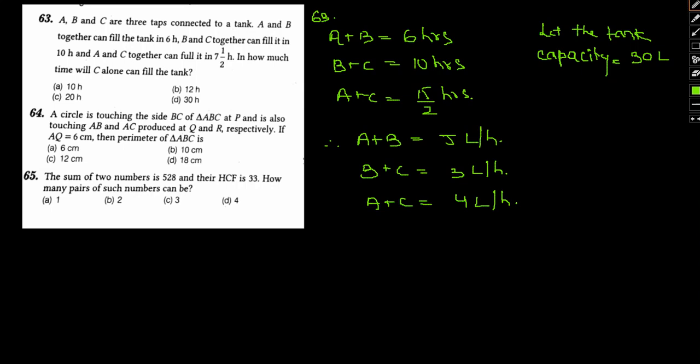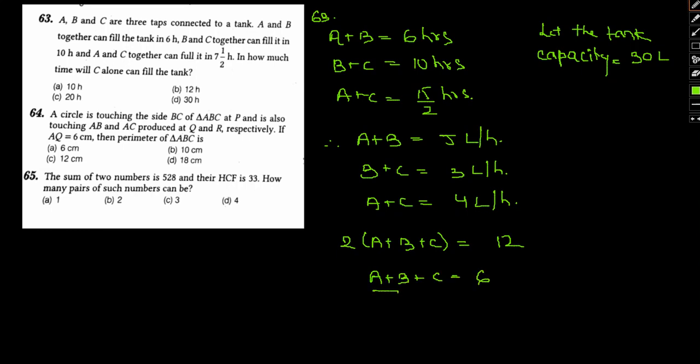Here if we add all this up, we have 2A plus 2B plus 2C equal to 12 liters per hour. So therefore A plus B plus C will be 6.